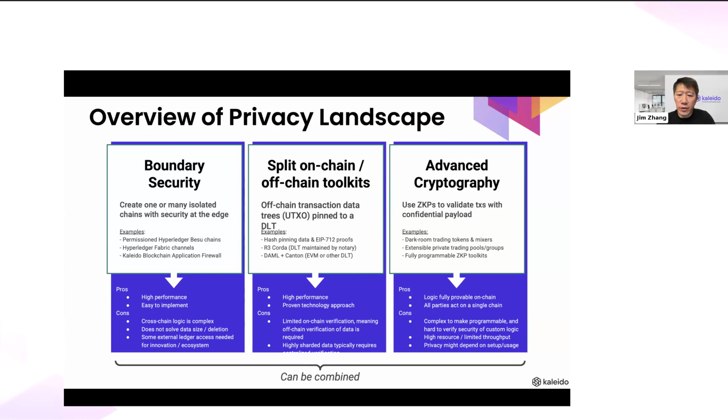So our focus for today is going to be on the right-hand side, to focus on how to apply zero-knowledge proofs to apply privacy to a shared global ledger. For example, tokens are a very useful construct.